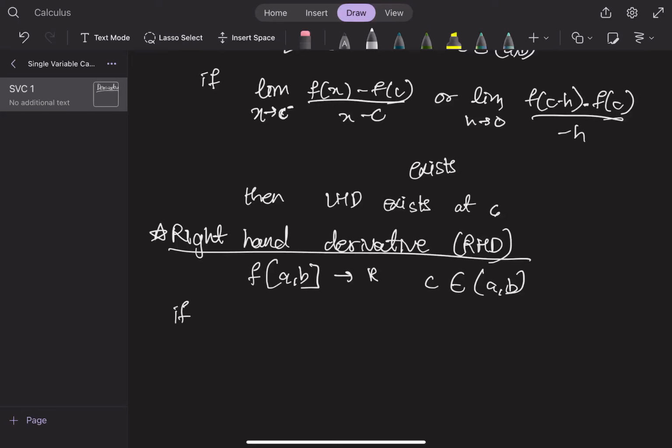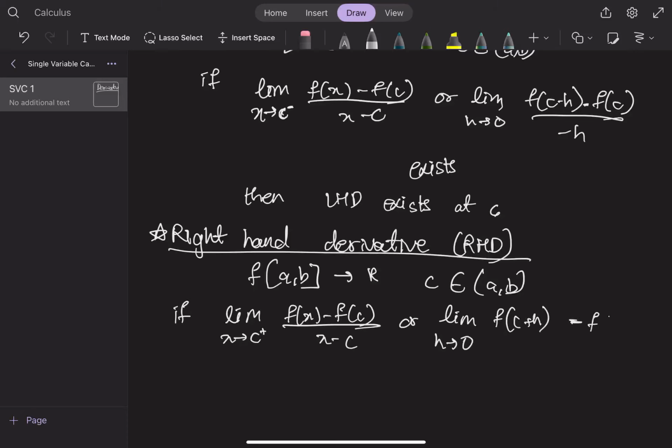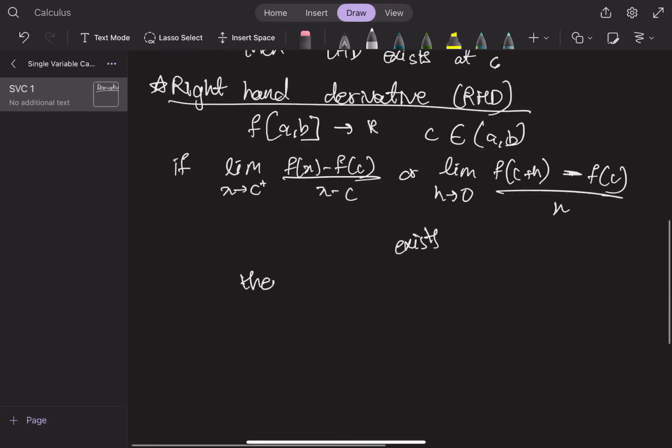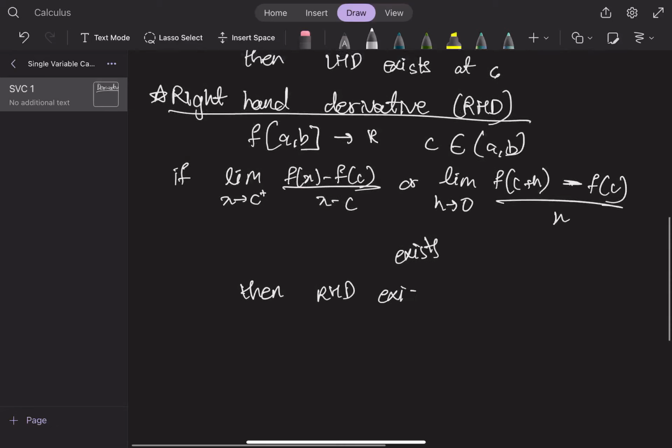So if your limit x tends to c plus, so something very slightly bigger than c, f(x) minus f of c divided by x minus c, or limit h tends to 0, f of c plus h minus f of c divided by h exists, then RHD exists at c.